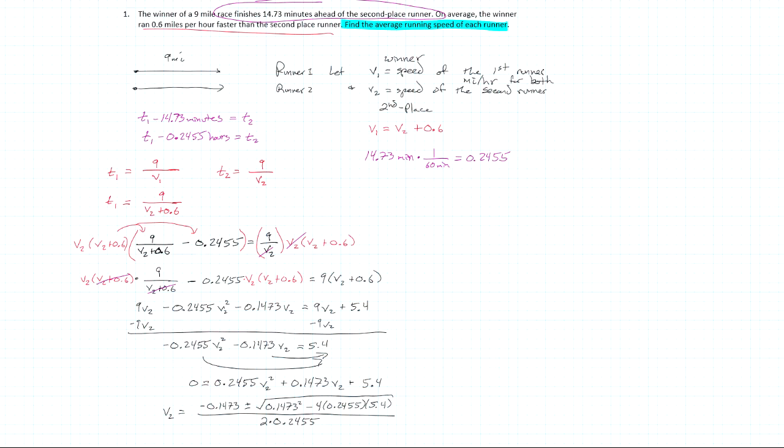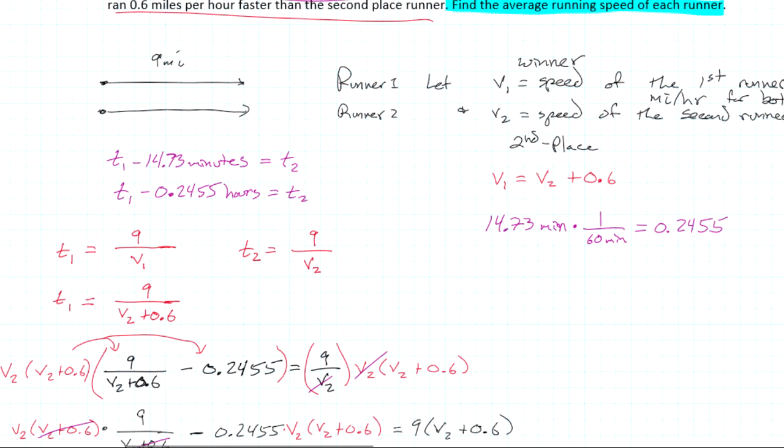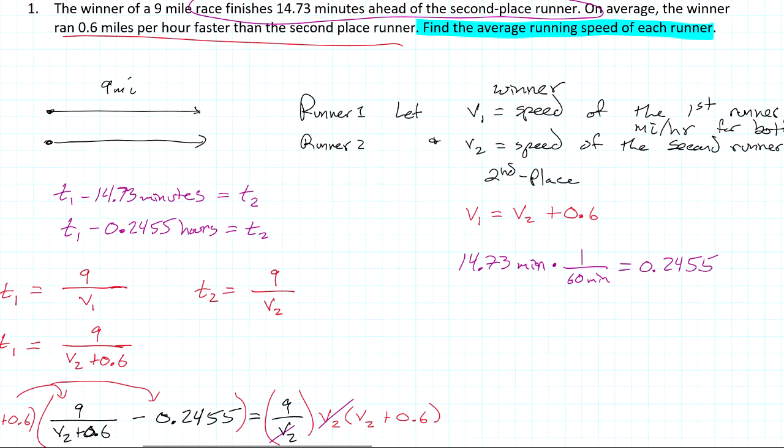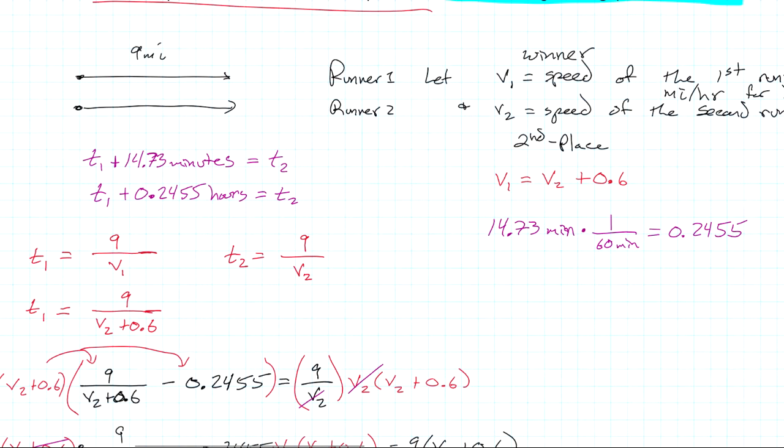Yep, I found it. So let's see, I went backwards, and this is an easy thing to do. T1 is the winner. They should have the smaller time. The T2 should have the bigger time. They're the second place finisher, so it should be T1 plus the 14.73 minutes, T1 plus the 0.2455 hours.